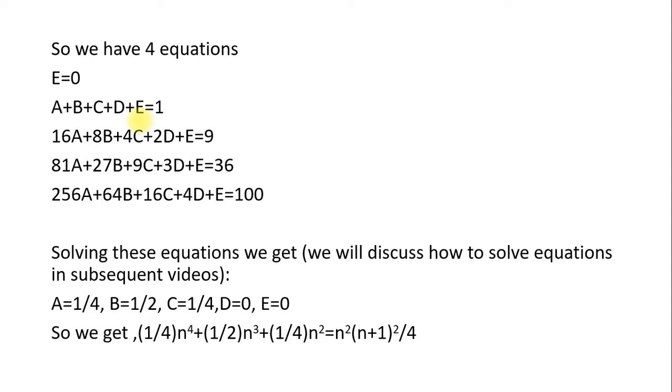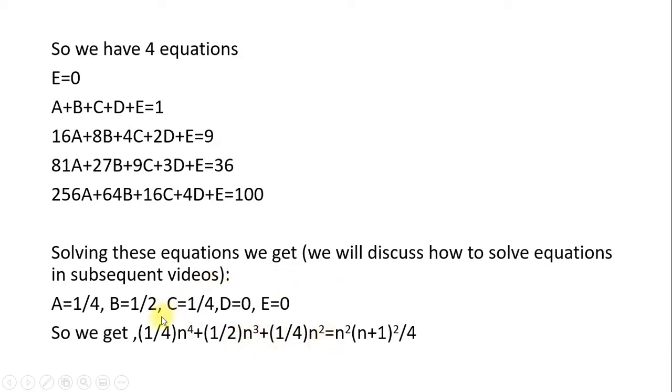Today I directly solved that, and I came out with the solution. If we solve all these four equations, we get a equal to 1 by 4, b equal to 1 by 2, c equal to 1 by 4, d equal to 0, e equal to 0. So the equation becomes 1 by 4 into n to the power 4 plus 1 by 2 n cube plus 1 by 4 n square.